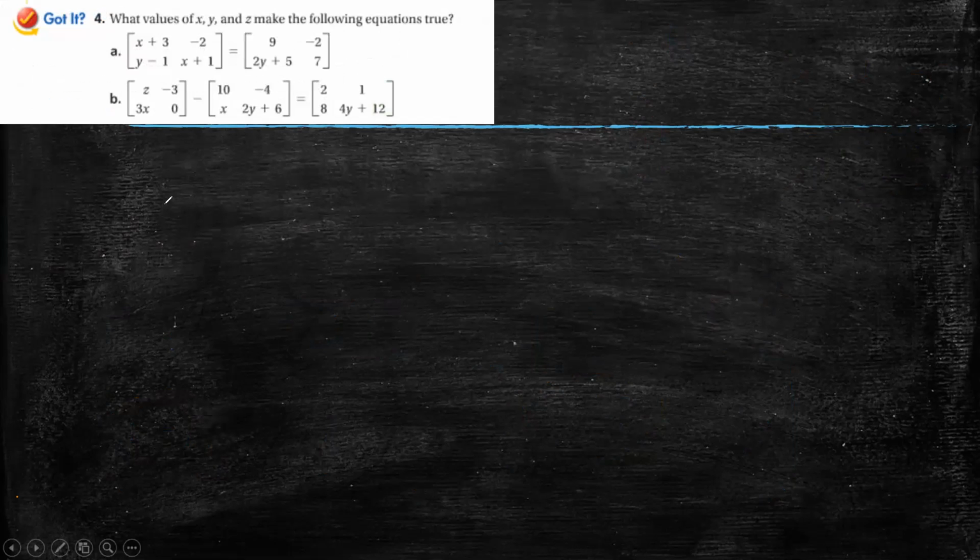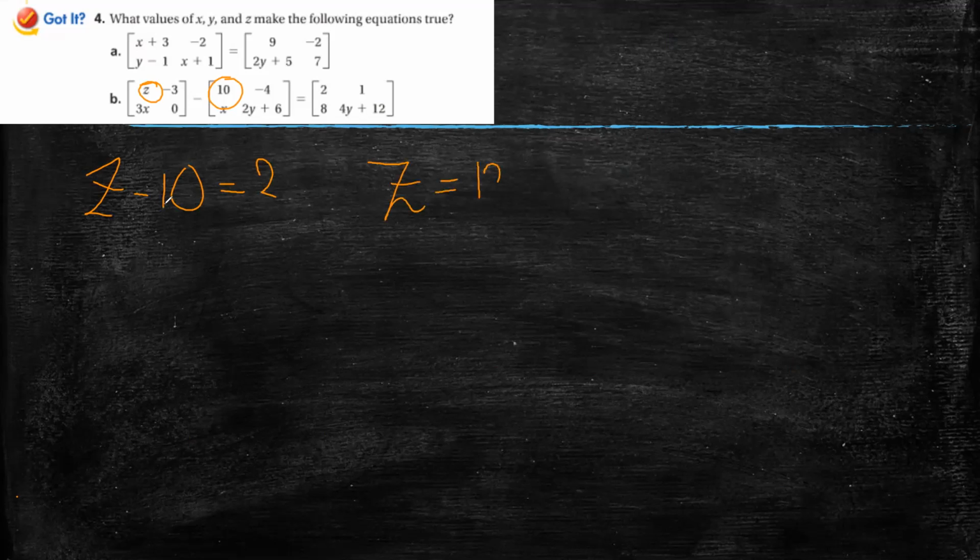Now here, look at B. Here we have a matrix minus another matrix, you get this answer. So z minus 10 is equal to 2. So what is the value of z? 12. Look at the second one now. 3x minus x is equal to 8. So 2x equals 8, so x equals 4.